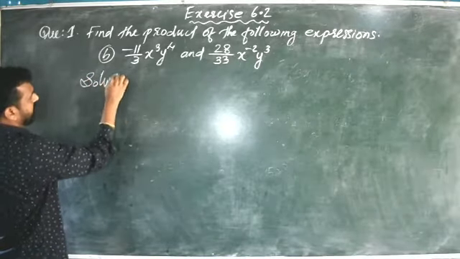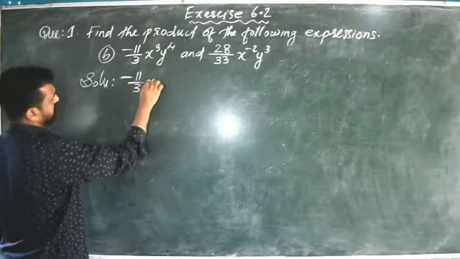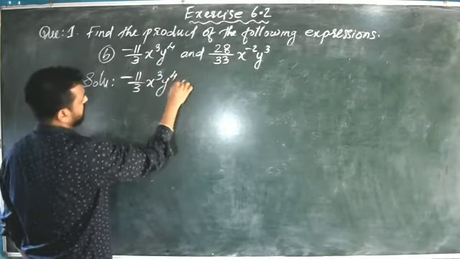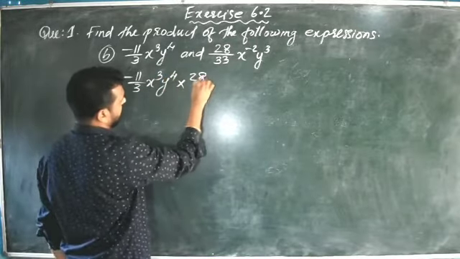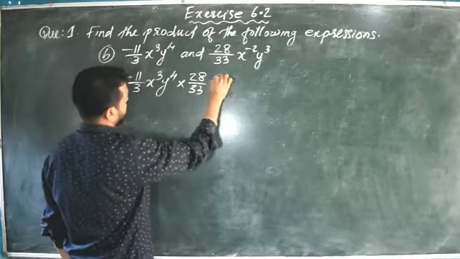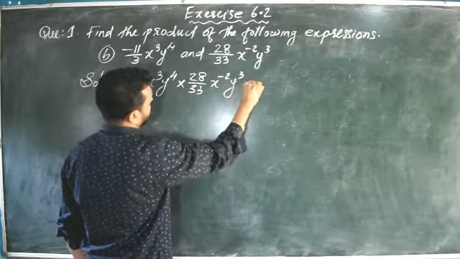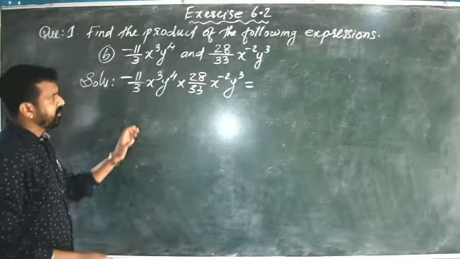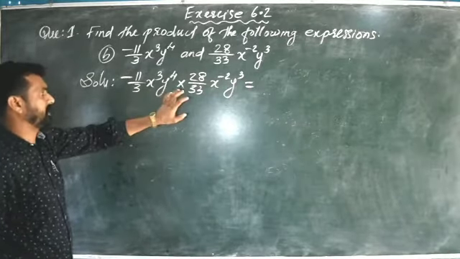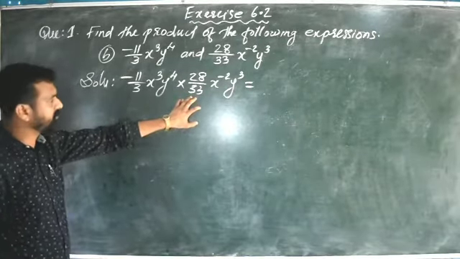Minus 11 by 3 x cube y raised to 4 into 28 divided by 33 x raised to minus 2 y raised to 3. First we have to multiply the coefficients of the monomials.